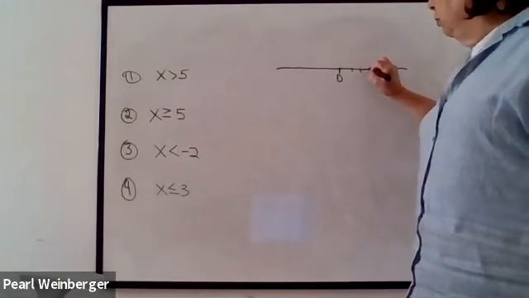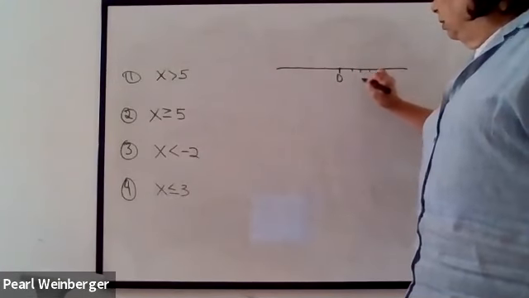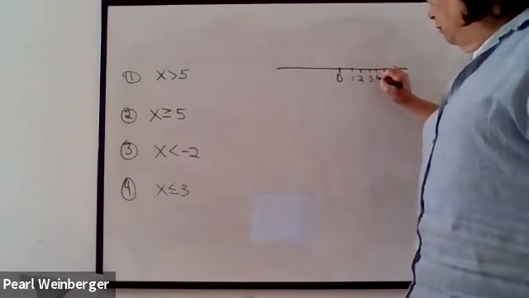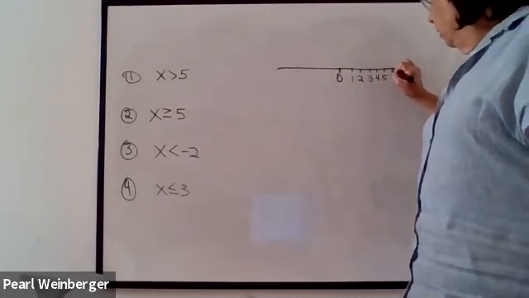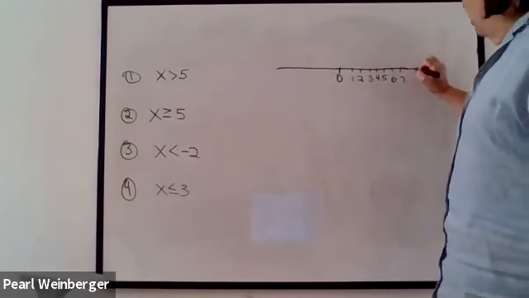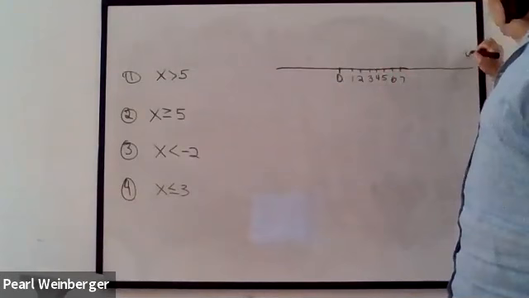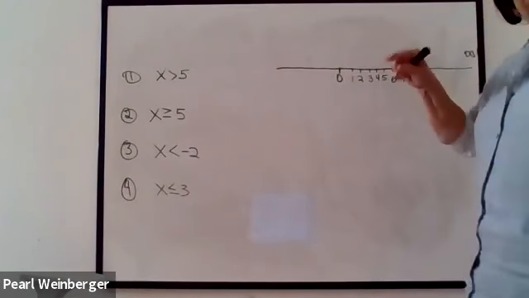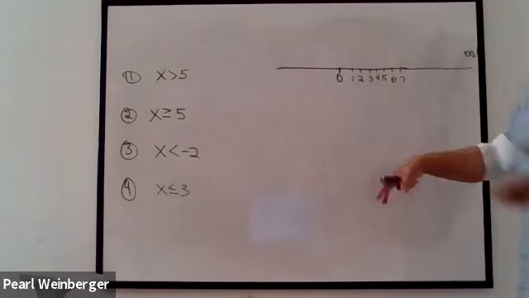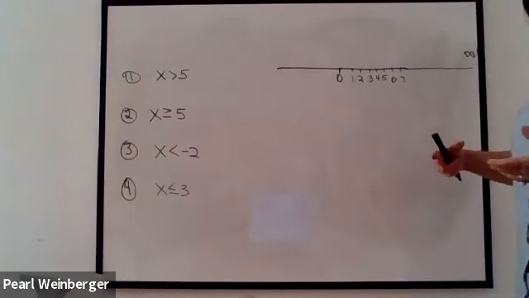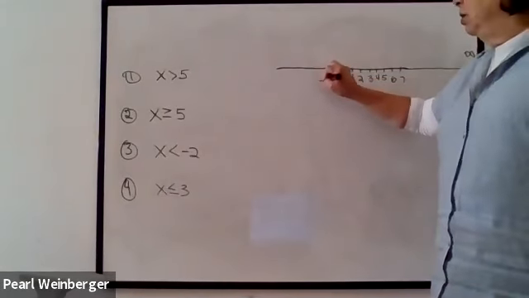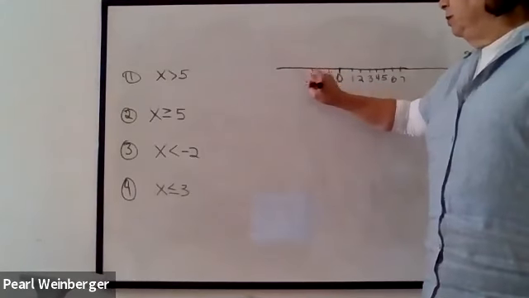When we go to the right, we number it by positive numbers: 1, 2, 3, 4, 5, 6, 7, on and on and on, all the way to what we call infinity, this sideways 8, which means just going on without any stop. When we go to the left, we use the negative numbers.